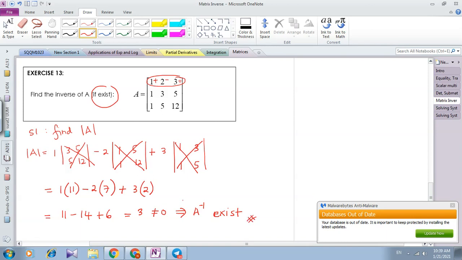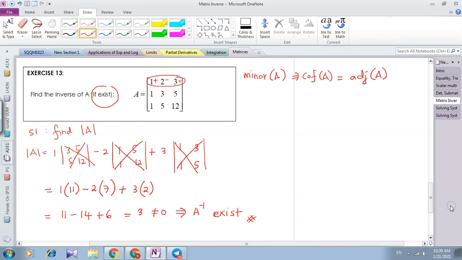But you must do more, because you need to find the minor of A, because from there you can get the cofactor of A. Only then you can get the adjoint of A. I will provide the final answer for A inverse. Hang on for a while.